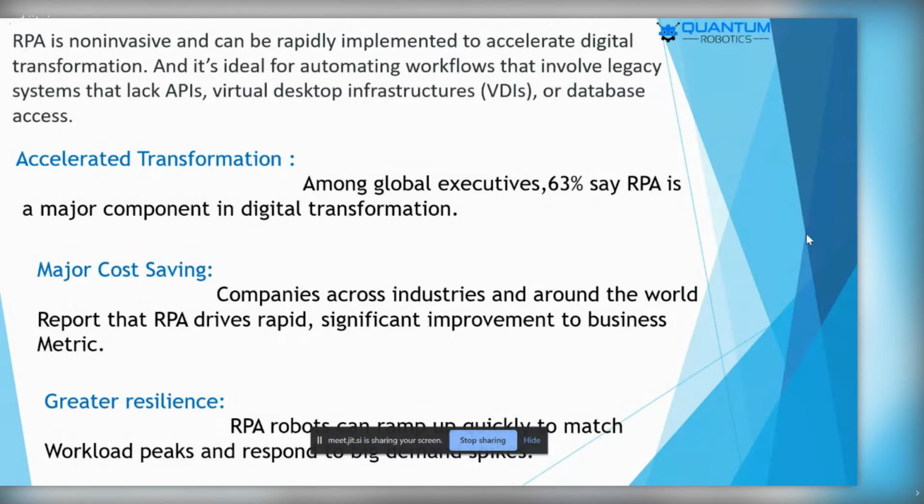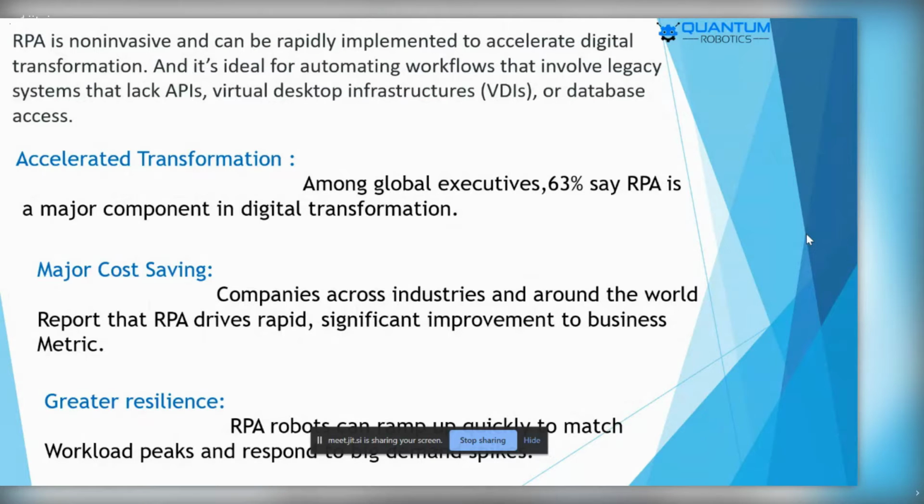Then the person running the company can get more profits using this robotic process automation. He'll get more accurate work, and the work is going to be done on time.